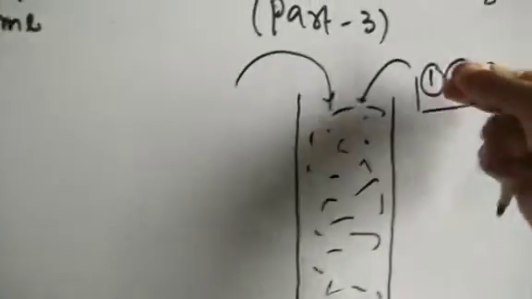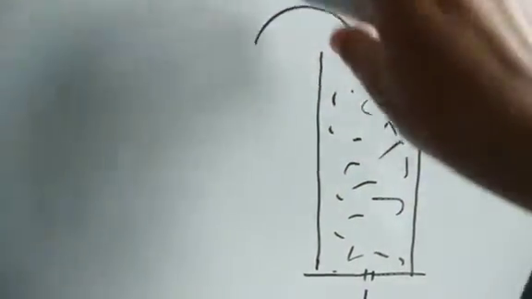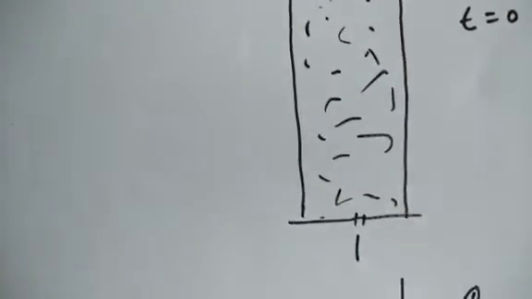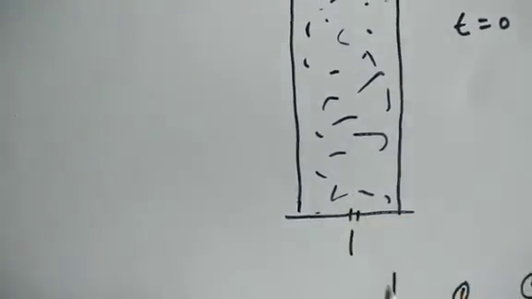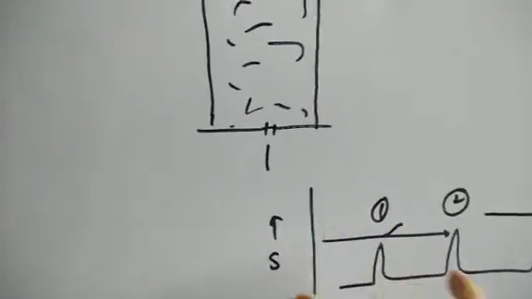Now when we added the chemical species and started pouring our eluent, our mobile phase, from that time we take t equal to 0. Up to the time when that component comes out from the column and we get the signal, this time span is called the retention time. The retention time is basically the time taken by a component, or solute, or chemical species to pass through the chromatographic column.